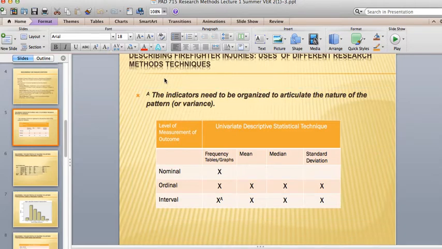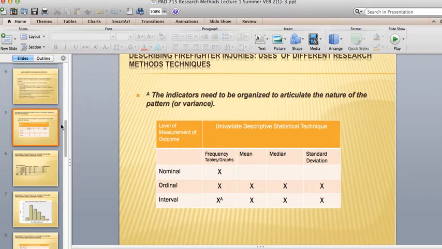So the choice of a research methods approach is a function of your levels of measurement. Once you get that idea, you will basically understand why there are different research methods and statistical techniques out there. It's all based on measurement.